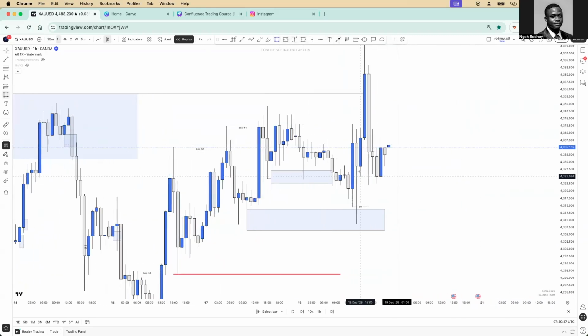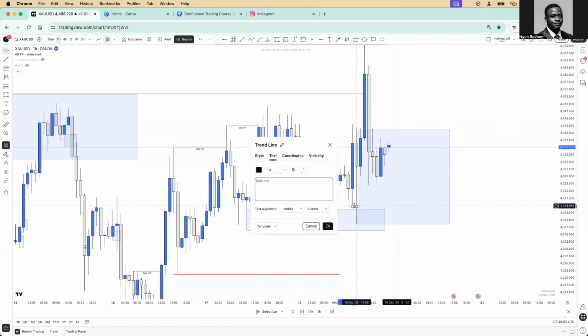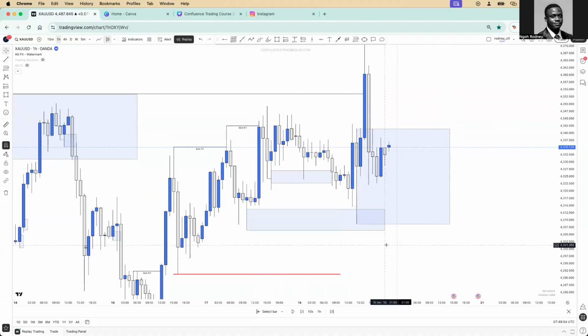Before 1, we need to start to identify your points of interest. This is the last sell candle that swept the structure here. You can see there was a sweep here. At this point here, sweep. And that sweep is actually going to be an inducement. Inducement. And then where was the break?